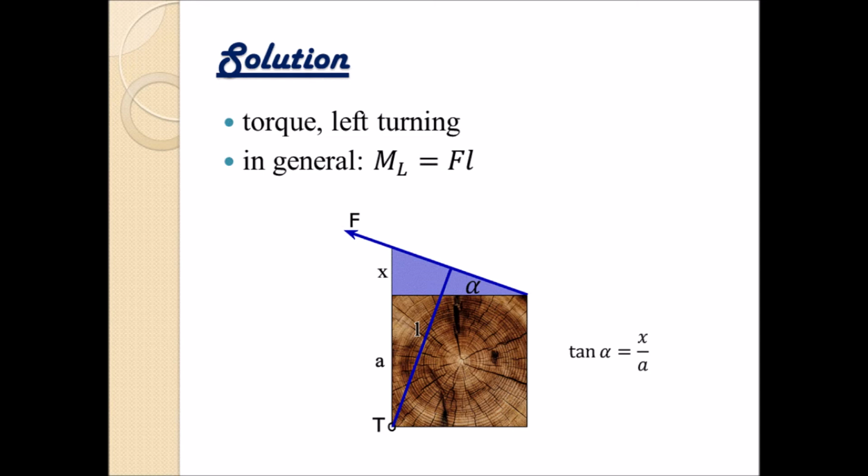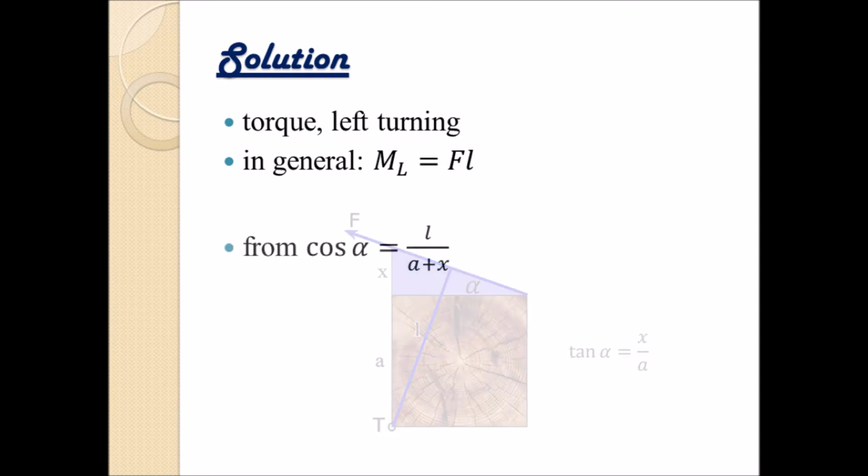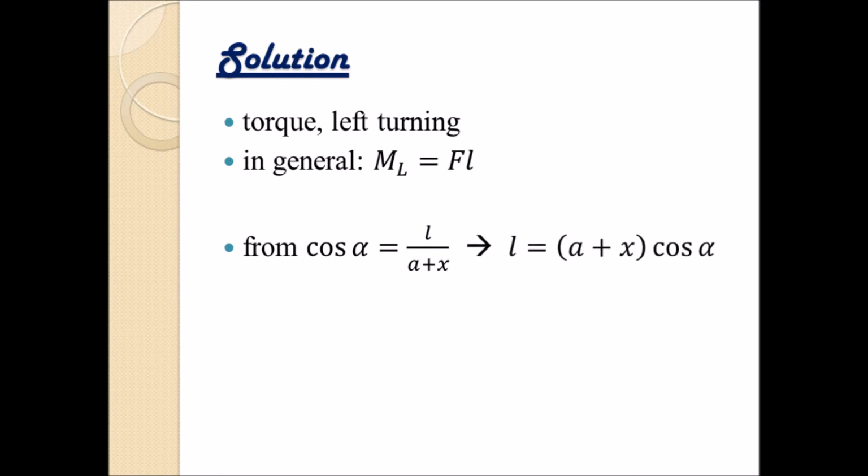And now this actually helps us because we can calculate x from the given variables a and alpha. So let's put everything together. We've seen that we can calculate the cosine of alpha as a function of L, a and x. We want to have L. So L is a product of a plus x multiplied with cosine of alpha.